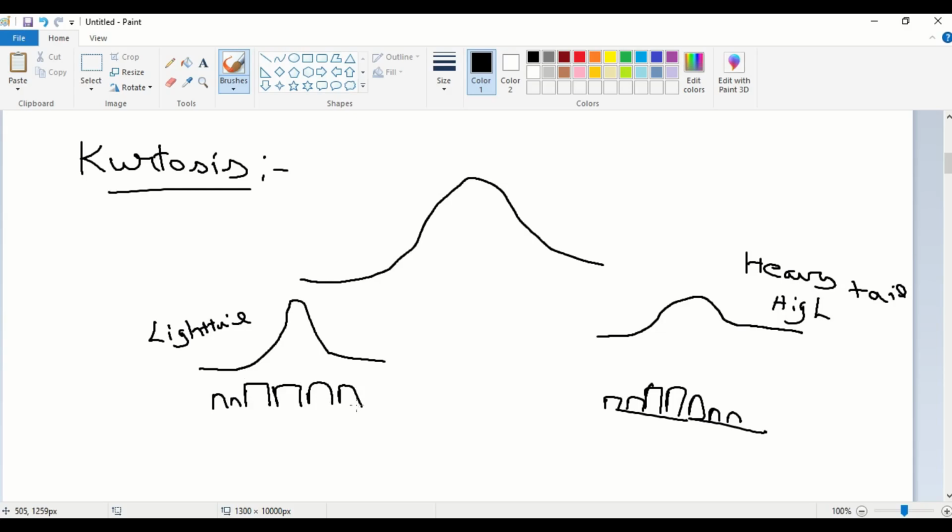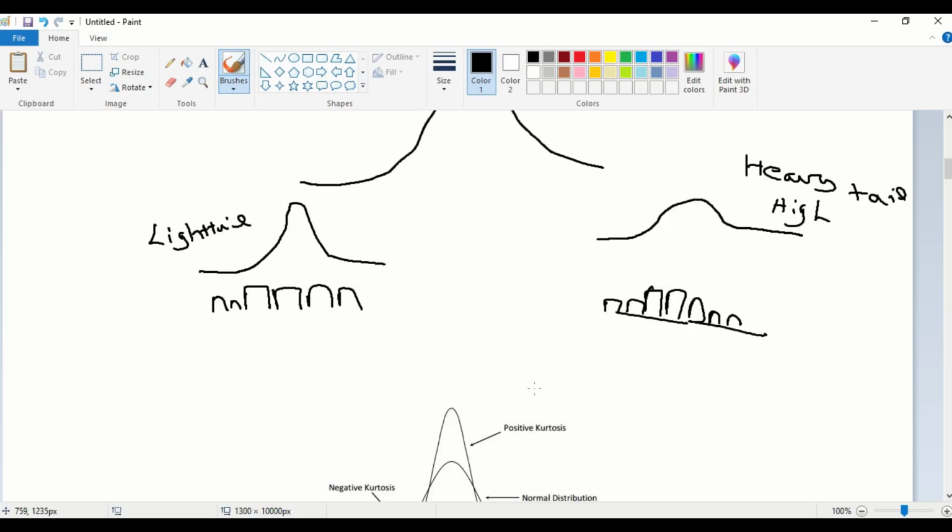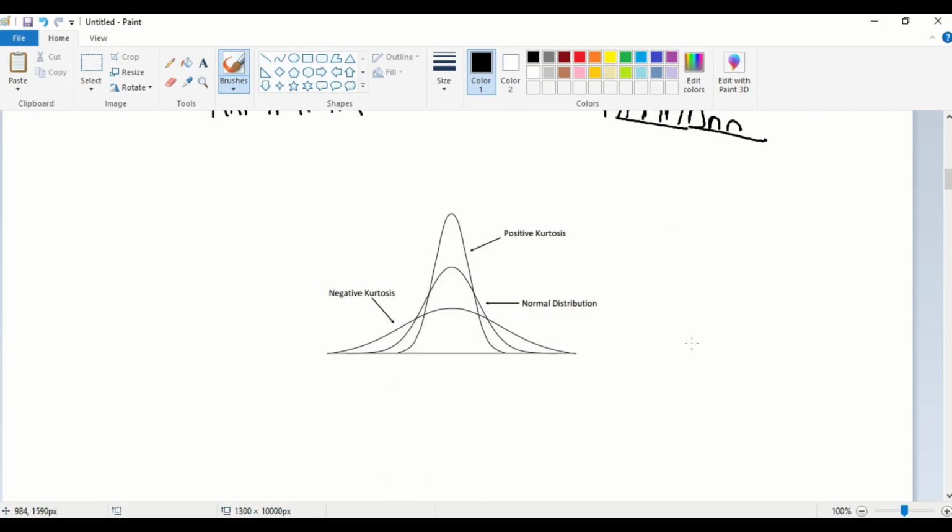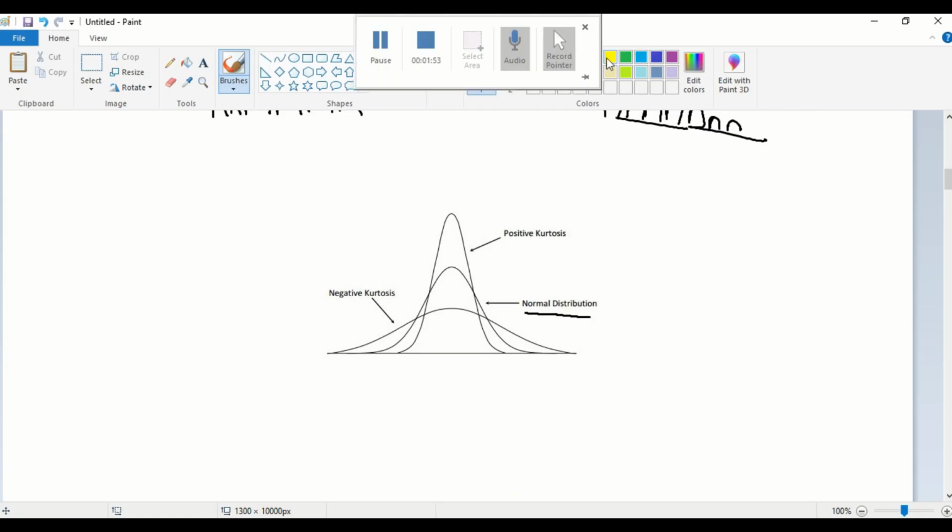So what is kurtosis? We have two types of kurtosis. One is positive value and the other one is negative value. Let us see the graph of this. This is a normal distribution. It will rise to a certain level and then it will decrease.